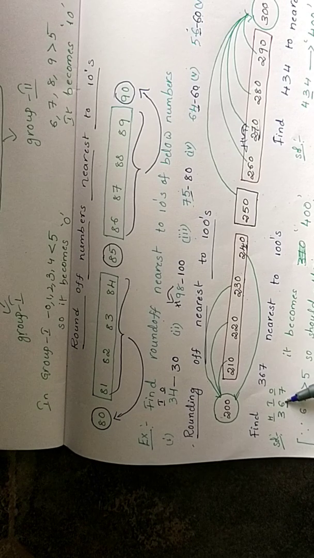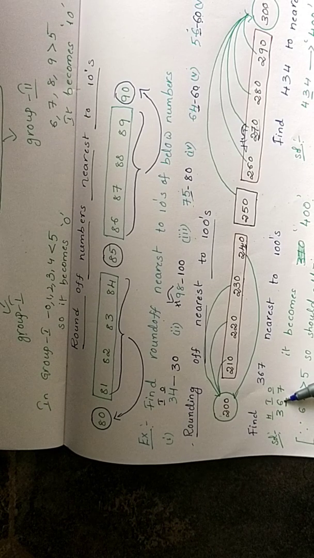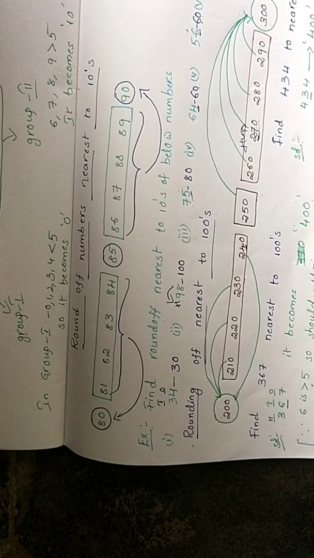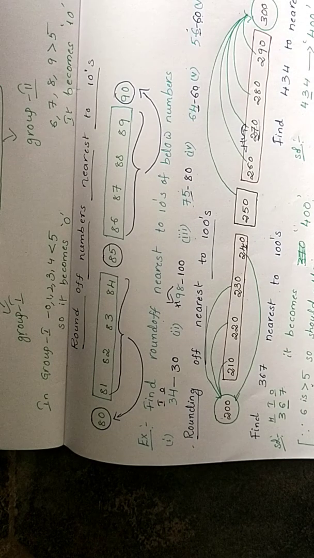This is very important. 6 is greater than 5. So greater than 5 means what do you do? Remember that rule. If any number is greater than 5, you should add plus 1 to the hundreds place. After that, the 2 numbers will be 0. Then this becomes 400.